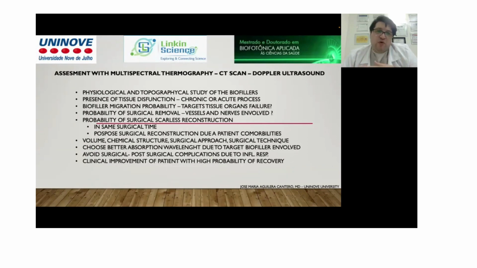How is the volume? We have to take it out and establish the surgical approach, the surgical technique, and also try to choose the better wavelength absorption due to the nature of the material that the patient has inside.